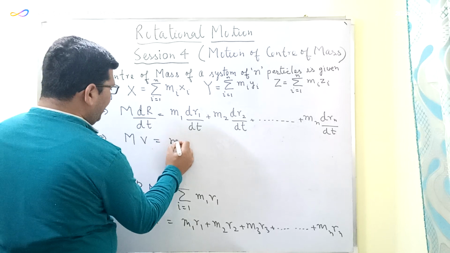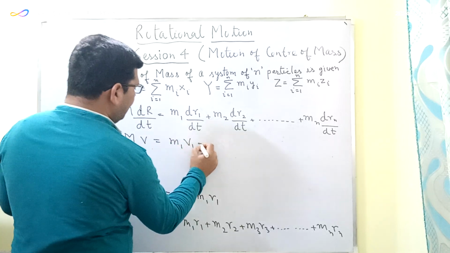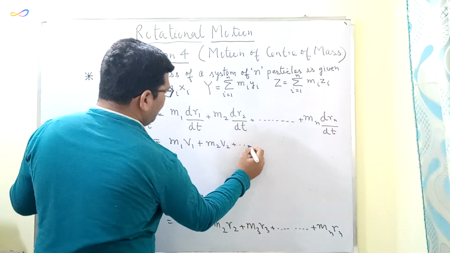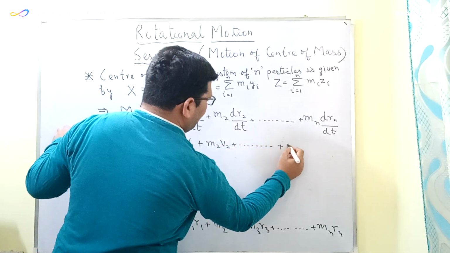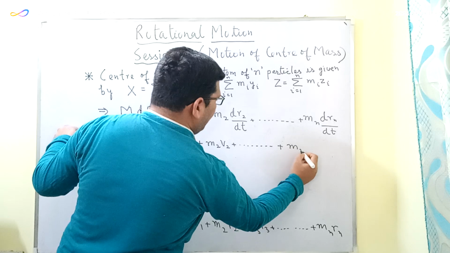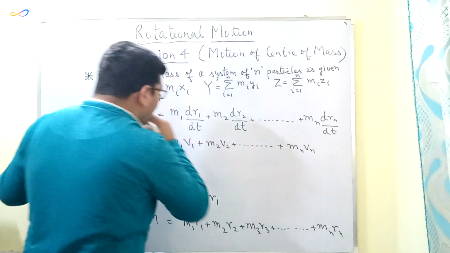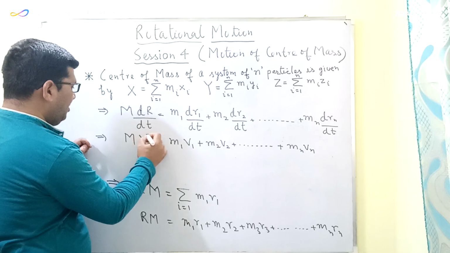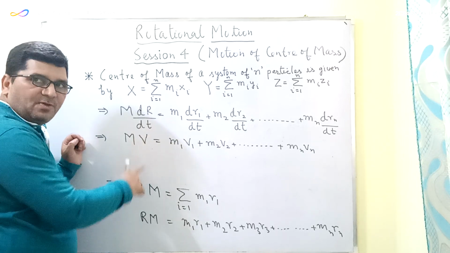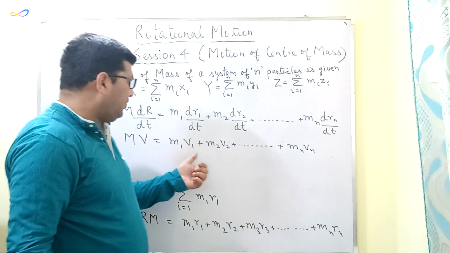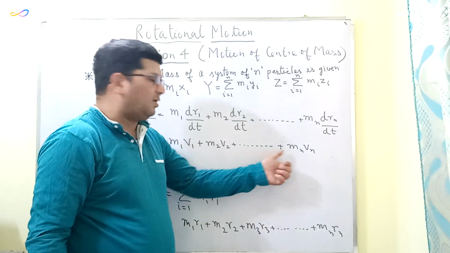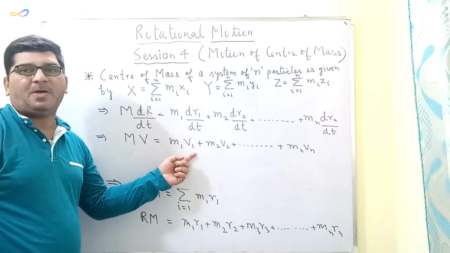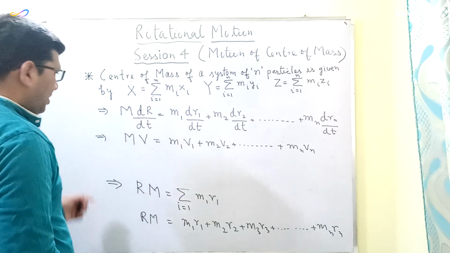This is equal to m1 v1 plus m2 v2 and so on, plus mn vn. Here v is the velocity of the center of mass, and v1, v2 and so on are the velocities of the individual particles.